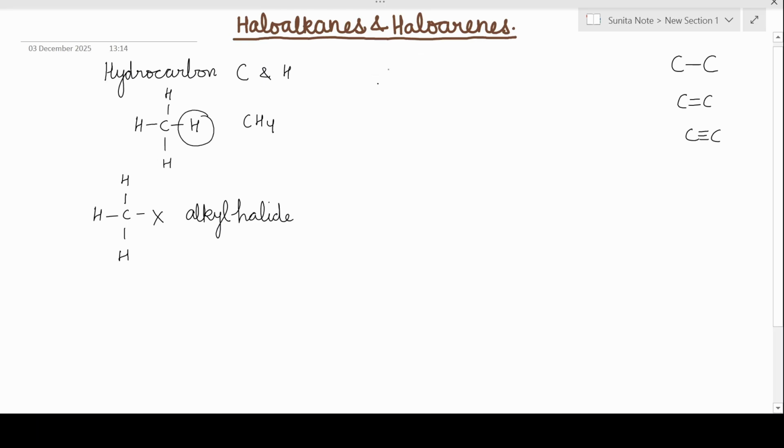Like we have hydrocarbons in aliphatic chemistry, we have hydrocarbons in aromatic chemistry, and one of the simplest hydrocarbons of the aromatic group is benzene, having the molecular formula C6H6.